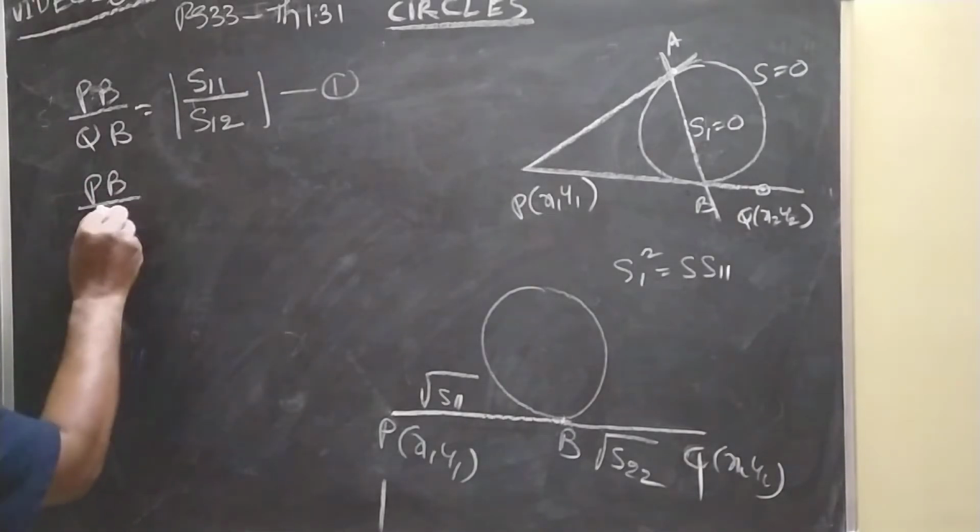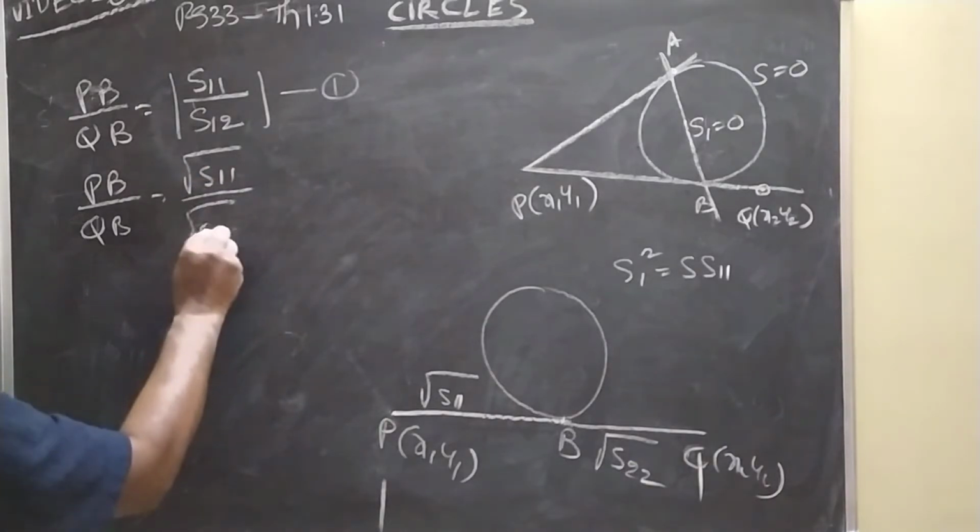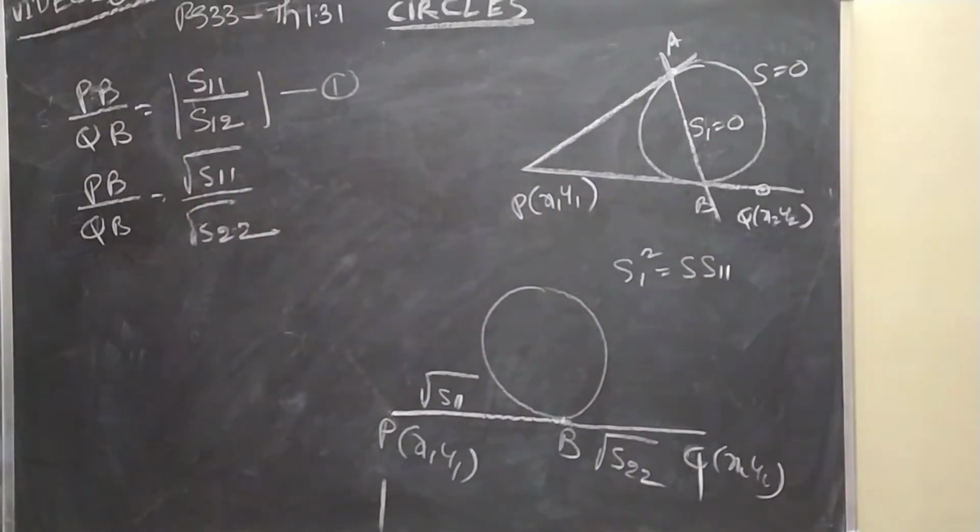So PB by QB equals under root S11 by S22.